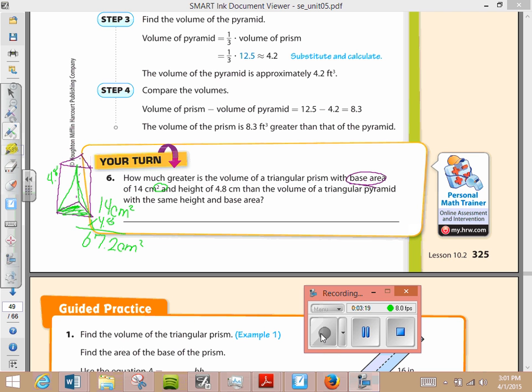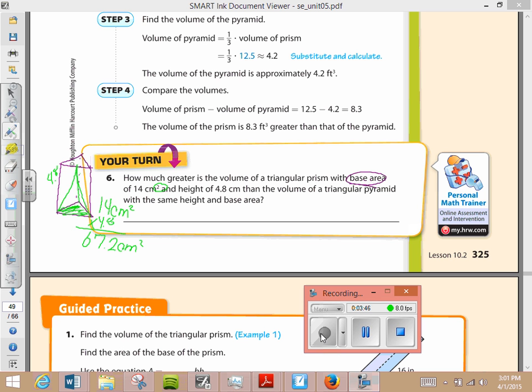Does it make sense to multiply it if the pyramid is smaller than the prism? No, right? Because if you multiply it, you end up with that bigger picture. Every time you multiply by a whole number, you end up with that larger picture. So no, if the pyramid is inside the prism, then you have to divide it by 3 because there are 3 of them in there, right? So when you divide by 3, what do you get?